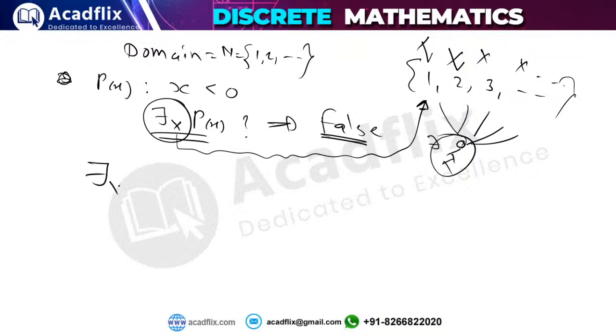Now try this question: there exists x not P(x). What will be the truth value of there exists x not P(x)?